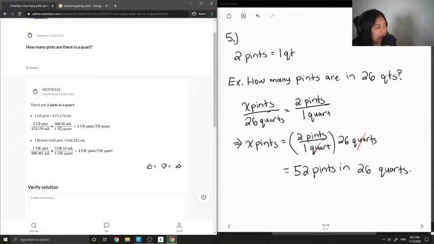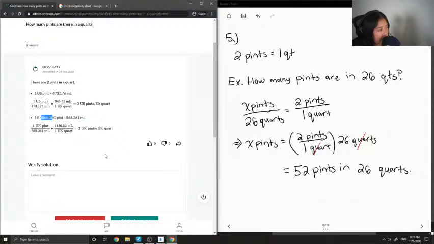So 946.35 mils in 1 US quart. And they got 2 US pints over quarts. They also have the value if you lived in the UK, but you still end up getting 2 pints in a quart no matter what region you're from. So this solution is correct.